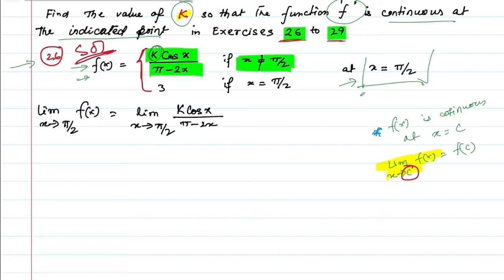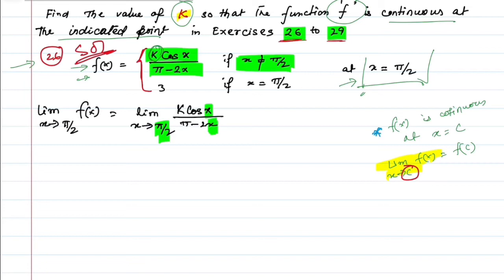As you can see, if you replace x in the denominator by pi by 2, then this denominator becomes 0, because pi minus twice x, with x as pi by 2, the 2 will cancel, pi minus pi is 0. So, it is not defined as the denominator becomes 0.